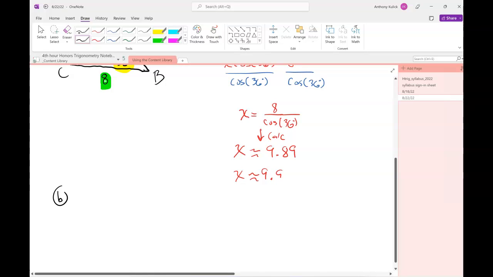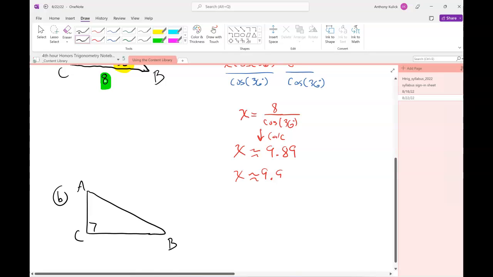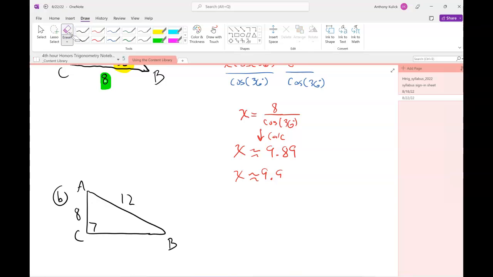Okay. What if I have instead... Oops. Actually, I don't want it there. I'll put it there. What am I going to do here?